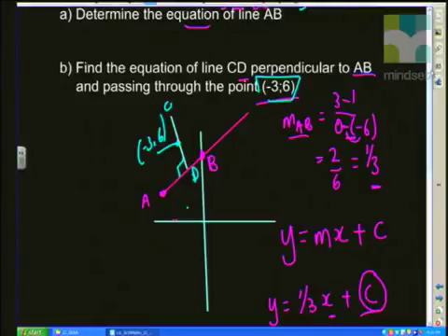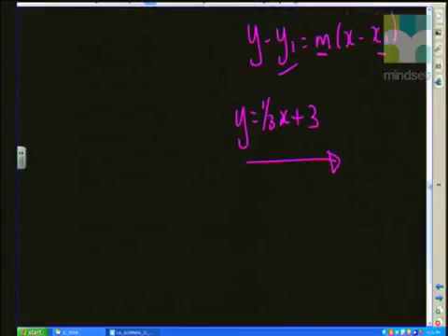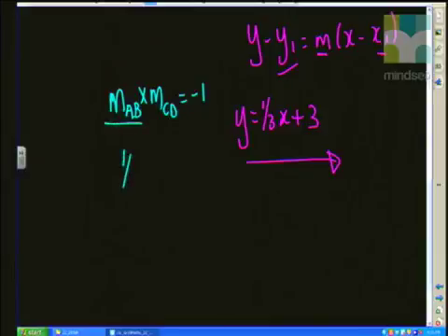The gradient of AB times the gradient of CD must be equal to minus 1. Now we know that the gradient of AB is a third, so a third times the gradient of CD is equal to minus 1.